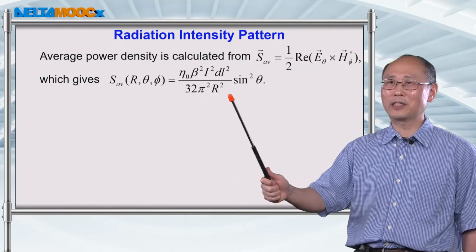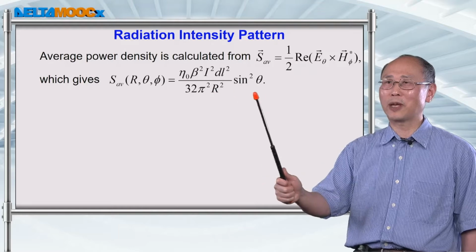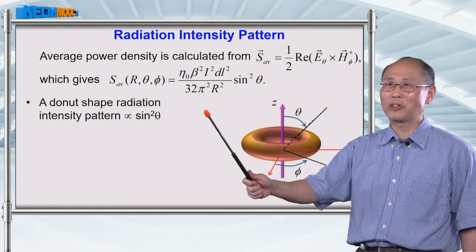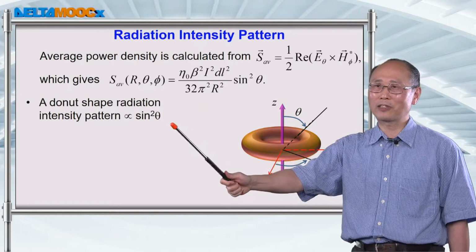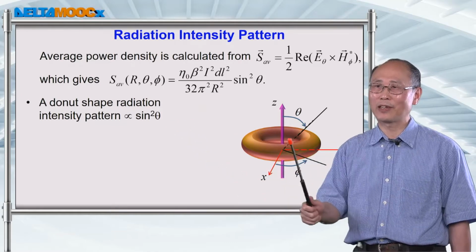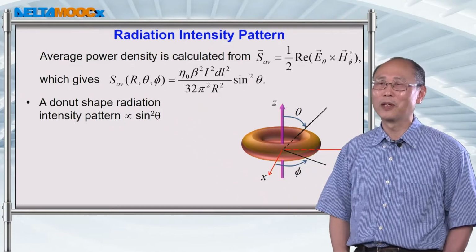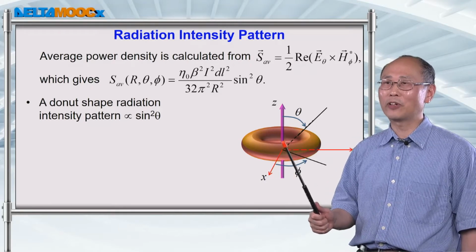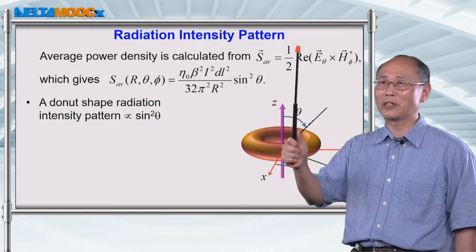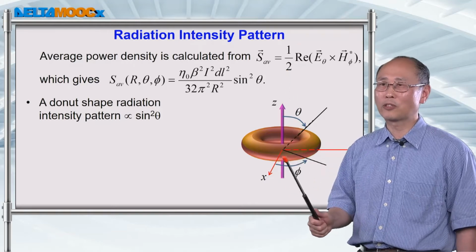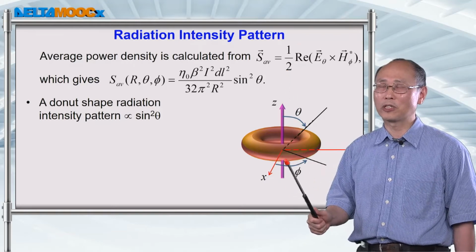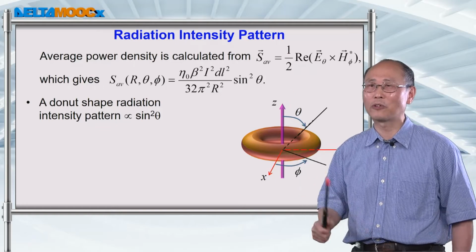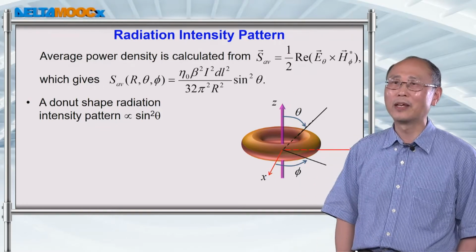And you can see that this expression depends on the square of sine theta. And you can plot the surface of the sine squared theta in this polar coordinate system. And this diagram will tell you there's very little radiation along the z direction. But the strongest radiation is going to be transverse to this dipole axis along the theta equal to 90-degree direction.